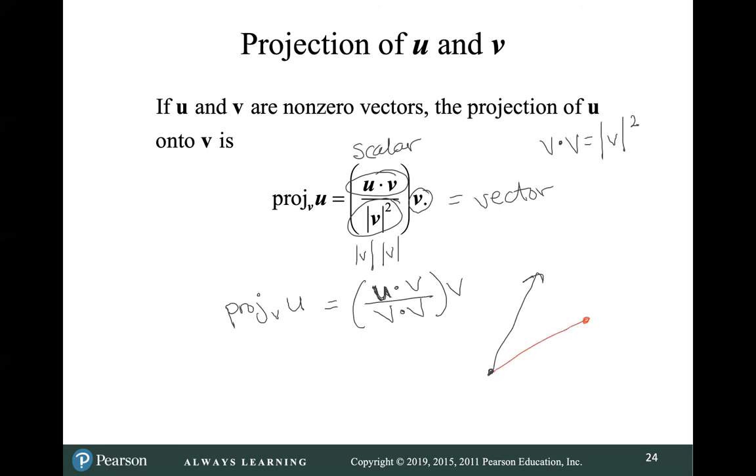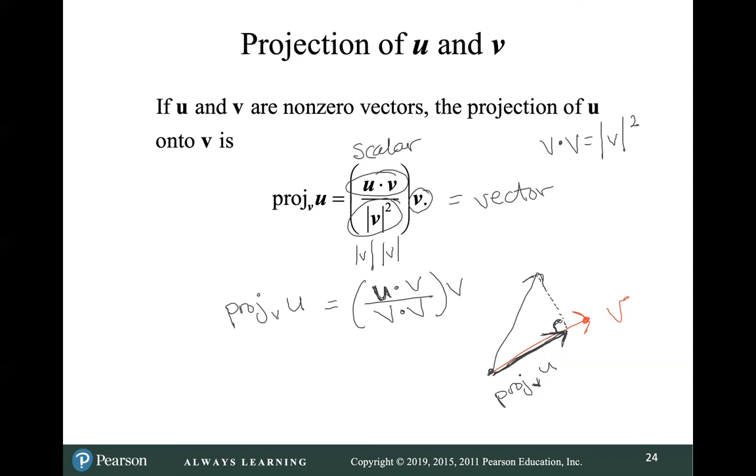What I'm looking for in a projection is, let's call the red one vector v. What a projection means is I take u and I draw a line that's perpendicular from the head of u towards v. So I'm looking for that perpendicular, kind of like drawing an altitude of a triangle. And the resulting vector from their point in common to that perpendicular point is the projection of u onto v.